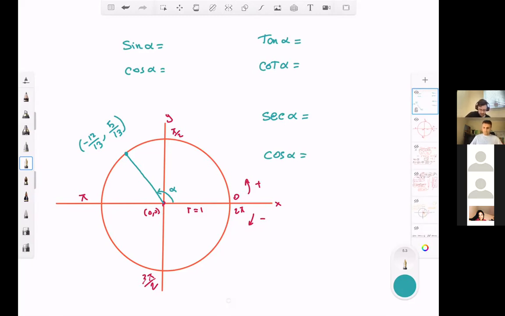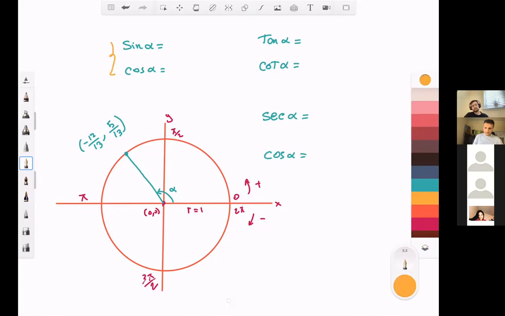If you find sine and cosine, the rest would be super easy, because they are related to sine and cosine. So what is sine of alpha here?